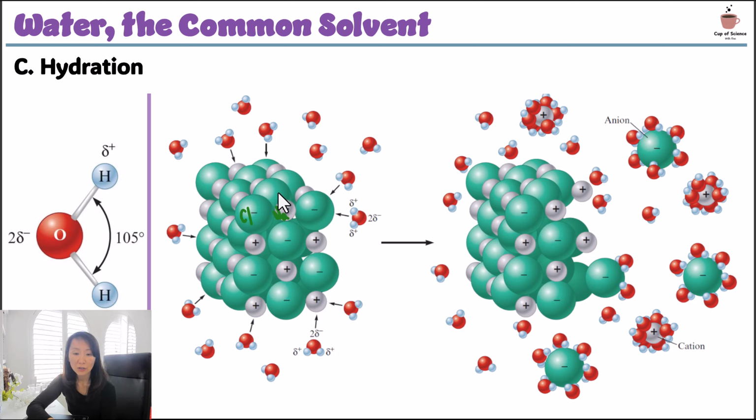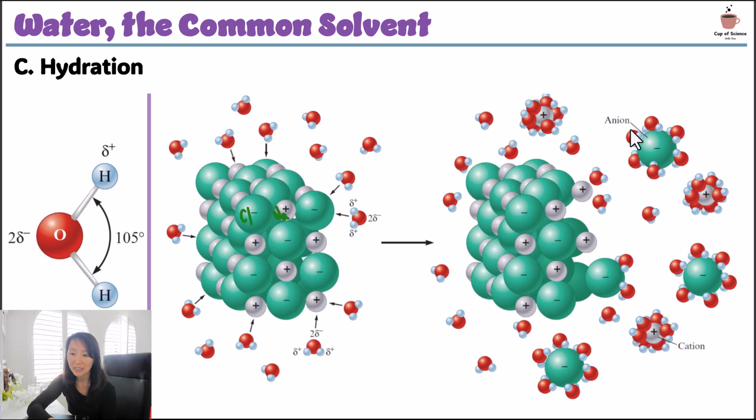At the negative portion, you can see the hydrogen orienting itself so that it comes closer to the negative. Why? Because the partially positive charge is attracted to the highly charged chlorine. So it comes in and starts to surround the chlorine.